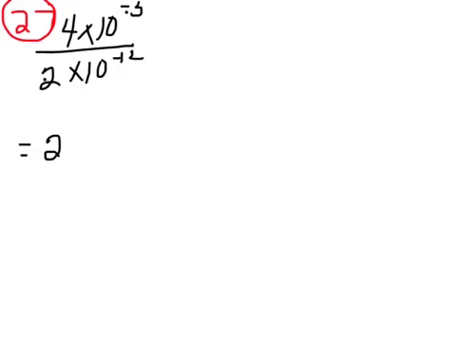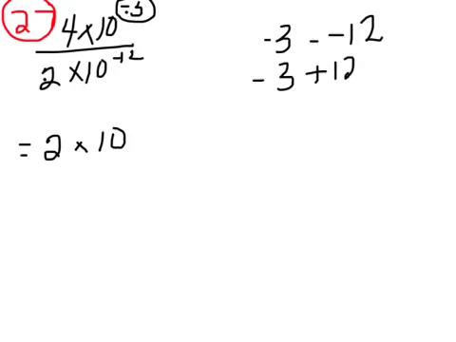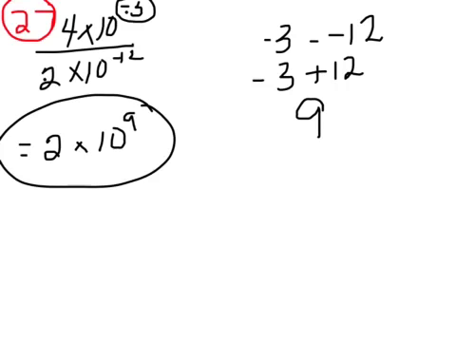Now, I've also got these tens to divide out, and this is to the minus 3 on top and to the minus 12 on bottom. We can just subtract the exponents, because remember, when we divide, the rule is we subtract them, negative or positive, it doesn't matter. So if I start on the top, I have negative 3 minus negative 12. That becomes negative 3 plus 12, which is just 9. So this becomes 2 times 10 to the 9th. That was kind of nice, wasn't it?